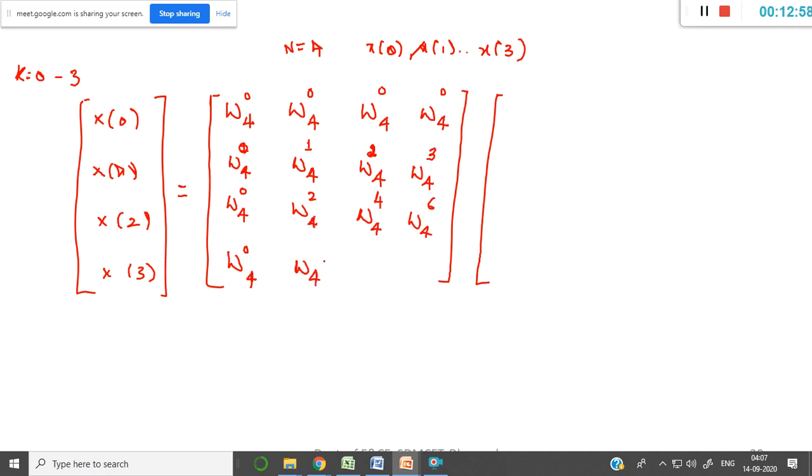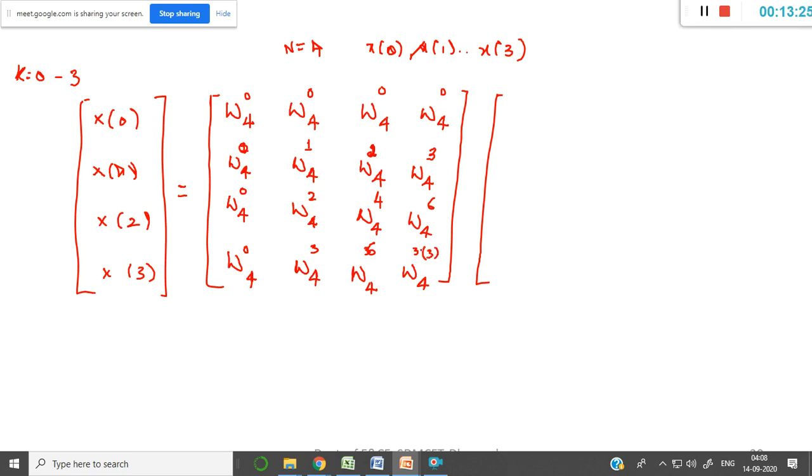W4 to the power of, the n value is 1 here, and k value is 3, so therefore this is 3 itself. W4 to the power of 3 into, what is the value? Second sequence, that is 0, 1, 2, that is 3 into 2, that is 6 here. W4 to the power of 3 into how much?